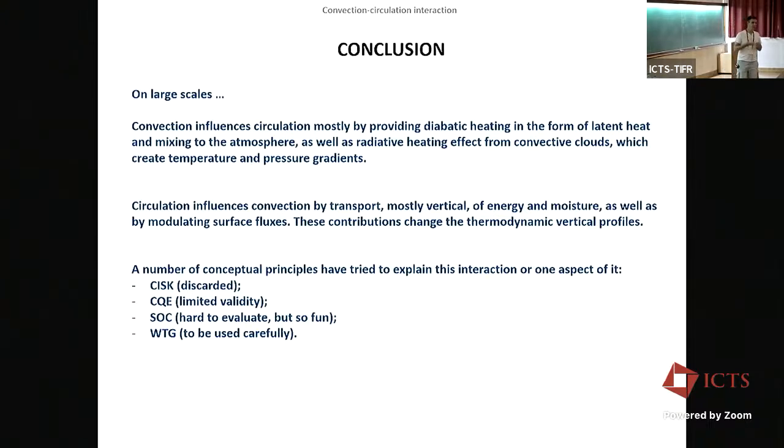Now, we have a number of ideas to think a little bit systematically about this interaction, which are either really about the interaction or about one of the components. And those are the four that we have seen today. So, convective instability of the second kind, convective quasi-equilibrium, self-organized criticality, and then the weak temperature gradient principle.